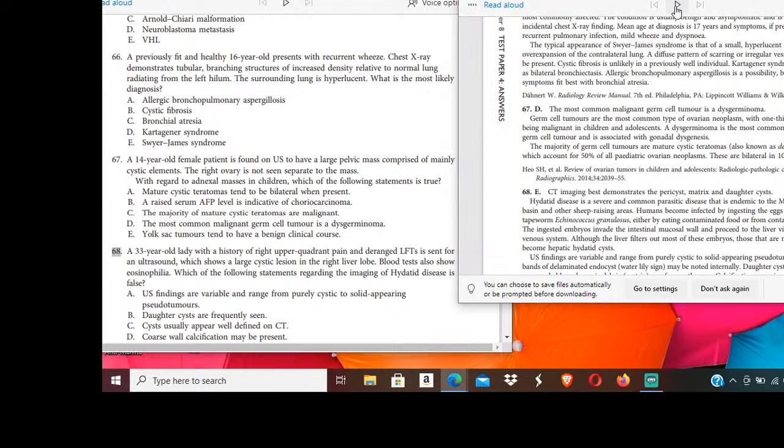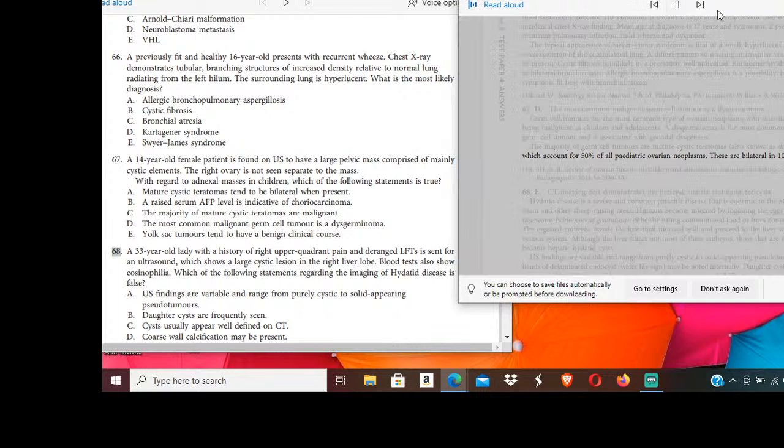These are bilateral in 10% of cases. Heo SH, et al. Review of ovarian tumors in children and adolescents. Radiologic.